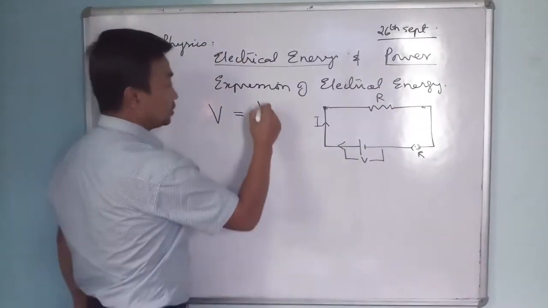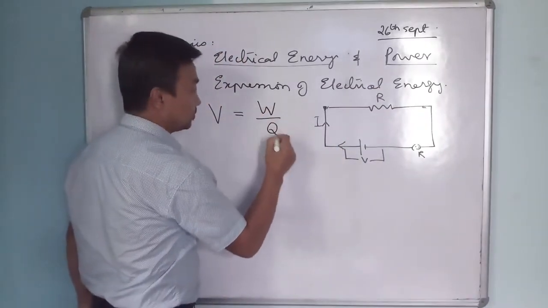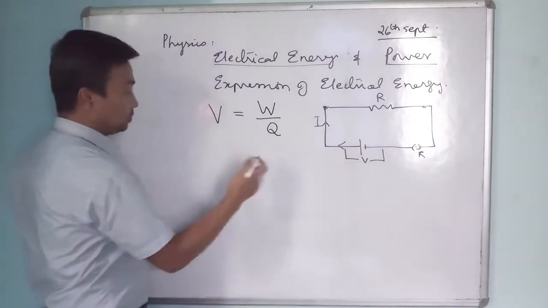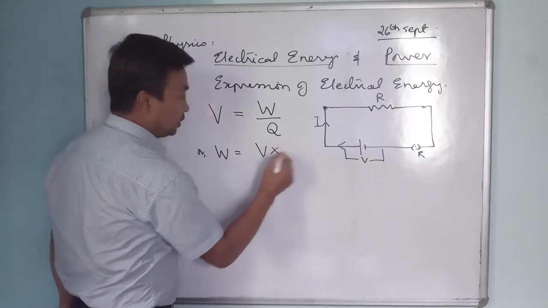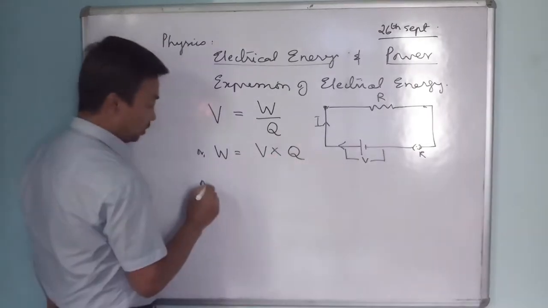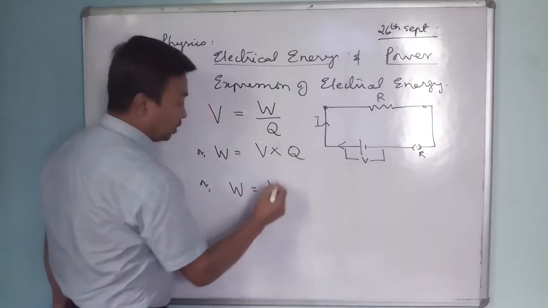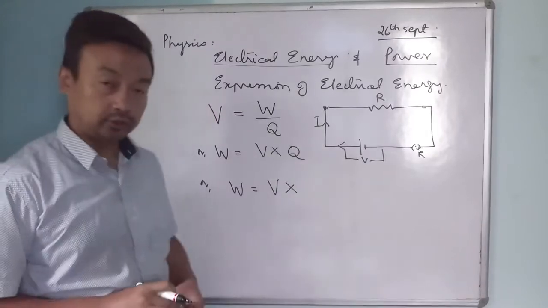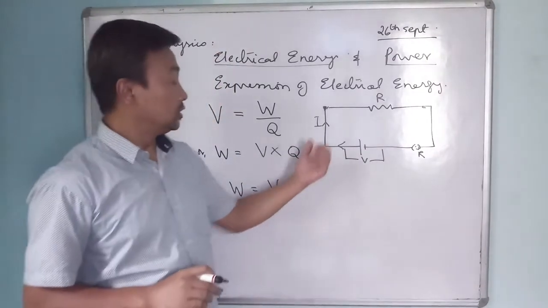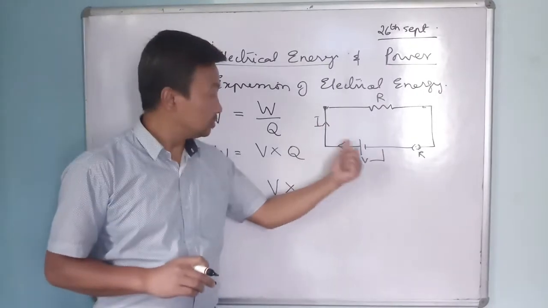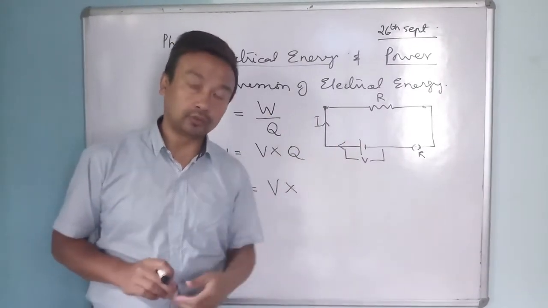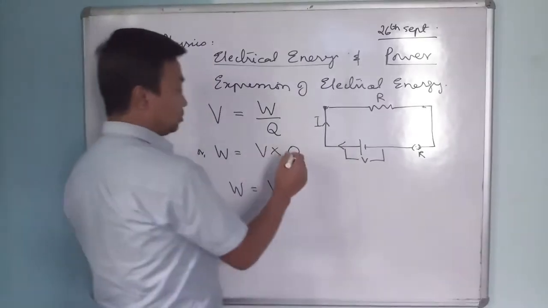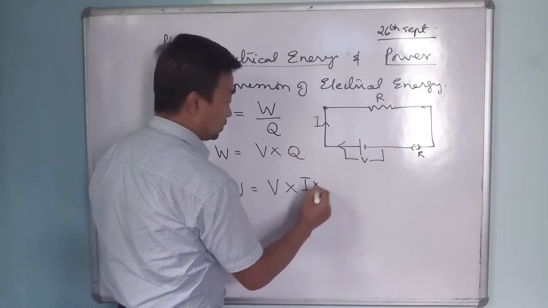So from here we can write the work done as V into Q. We also know that current is the rate of flow of charge, how much charge is flowing in a given time, and from this the formula of the charge is I into T.